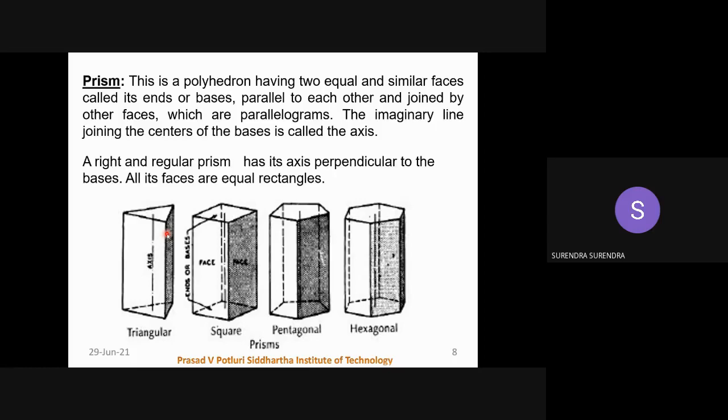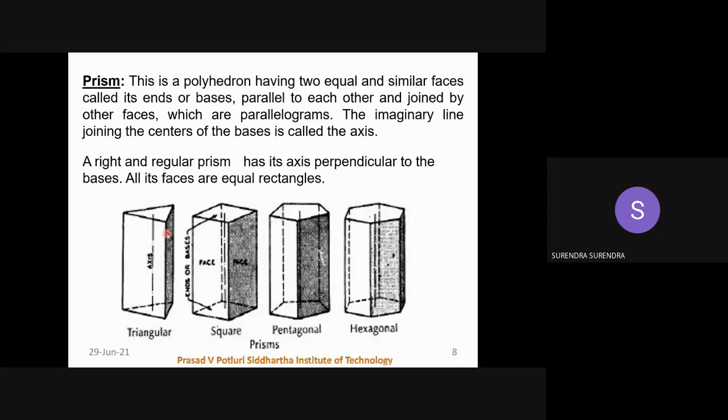In polygons, regular polygons mean all sides are of equal length and inclination, and we call them regular polygons. Similarly, in prisms, when the axis is perpendicular to the base, it is called a right regular prism.